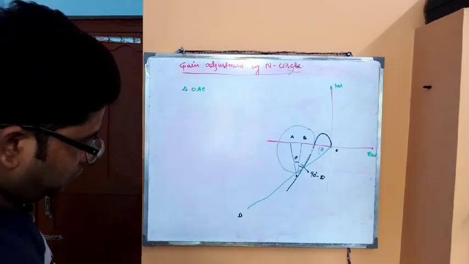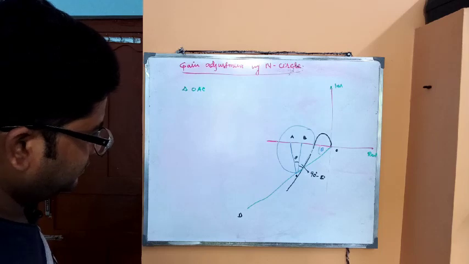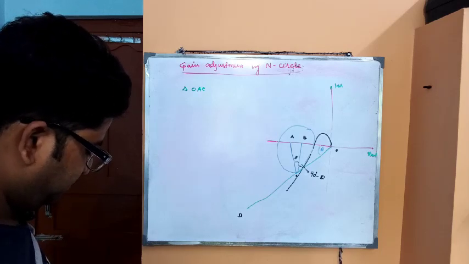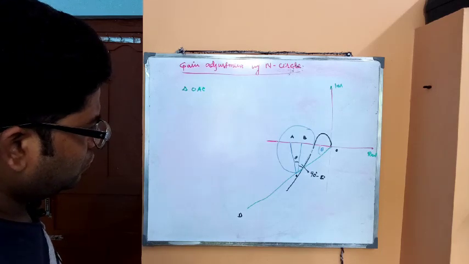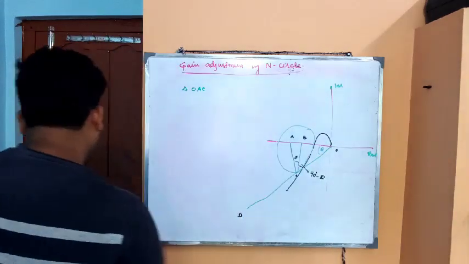Okay. So sin theta is equal to AC divided by the hypotenuse OA.